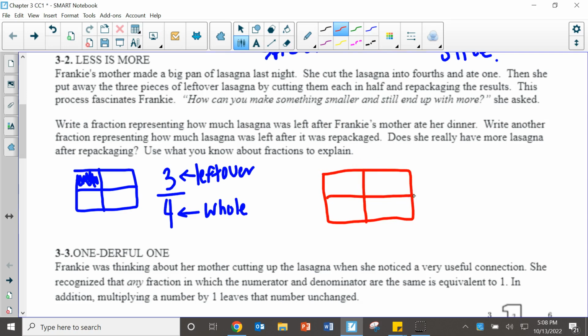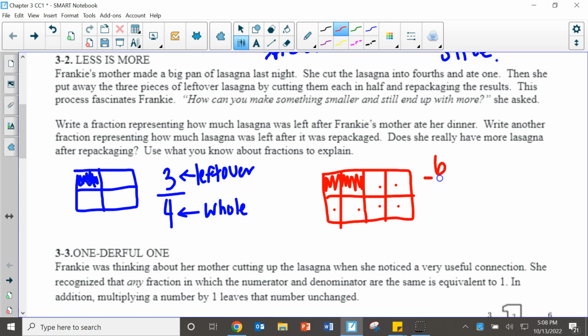Now, when she went to put this away, she cut these pieces in half. So in here, here's the eaten piece. She cut every piece in half, and then she put it away. So how many pieces did she have left over? It would be 1, 2, 3, 4, 5, 6.